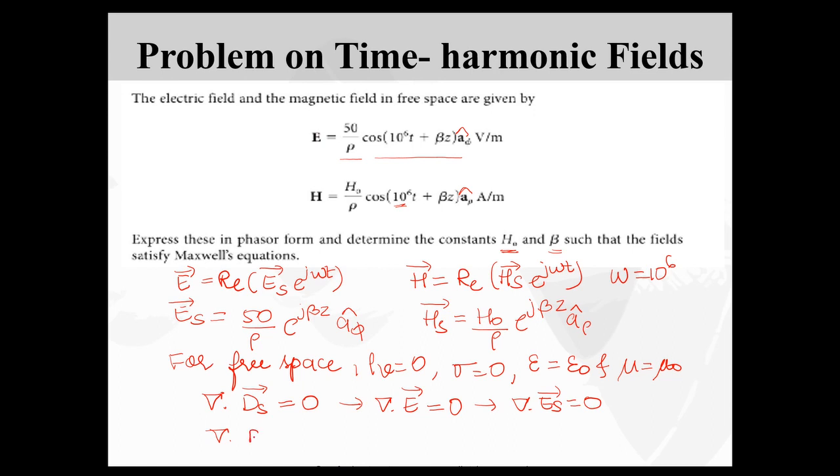Similarly, del dot B is equal to 0, which will imply del dot H is also equal to 0. This is epsilon times del dot E. This is mu naught times del dot H. So this implies del dot H is also equal to 0.